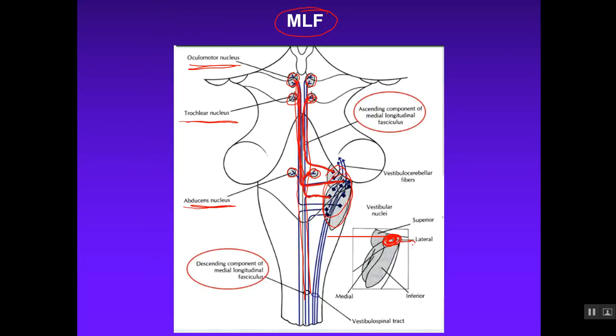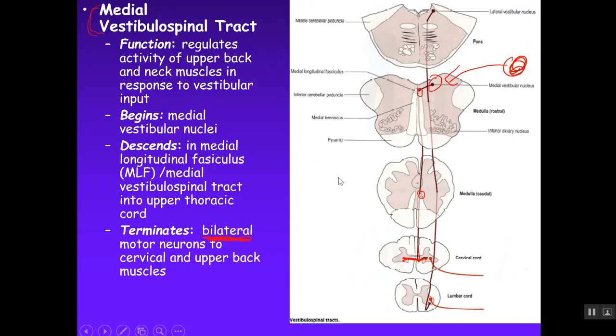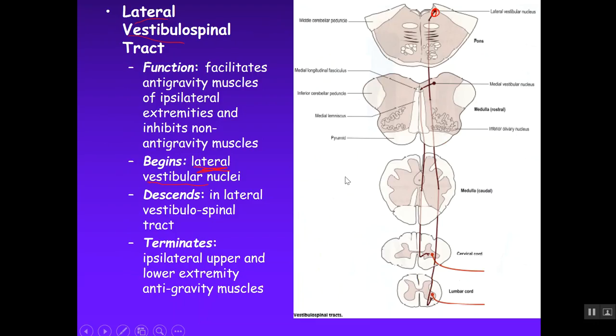It's just a little more lateral, but that's up a little higher in the pons, versus the medial here, which is a little bit lower down, more in the medulla down here, and the lateral is a little bit up in that lower pons. So it starts up here in the lower pons, and it descends, and just stays as this lateral vestibulospinal tract all the way down into the spinal cord, and it terminates ipsilaterally.